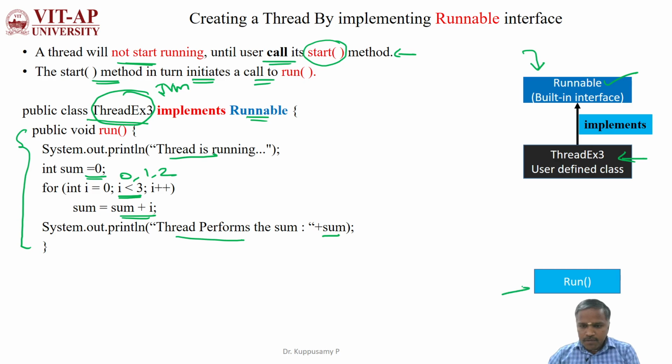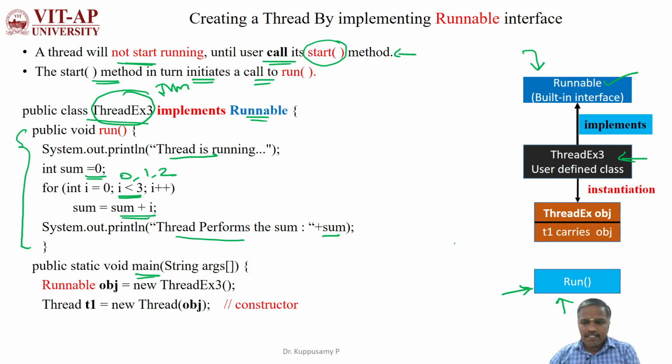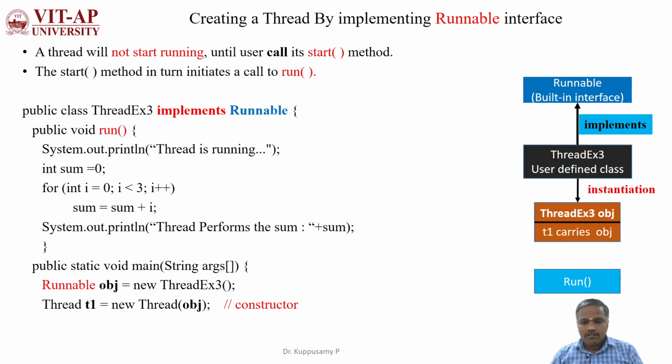So this action will be performed. As per the block diagram, I am giving the run block, which has the set of statements. Then inside the main method I am instantiating the object with respect to ThreadEx3. Here obj is carried by t1, and t1 is defined by using the Thread constructor.